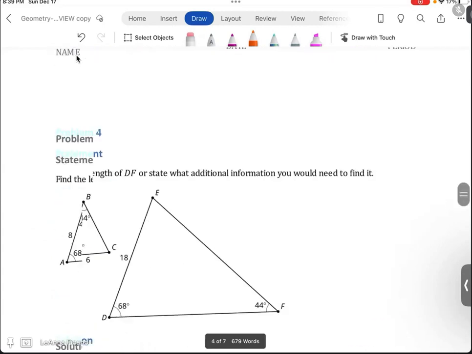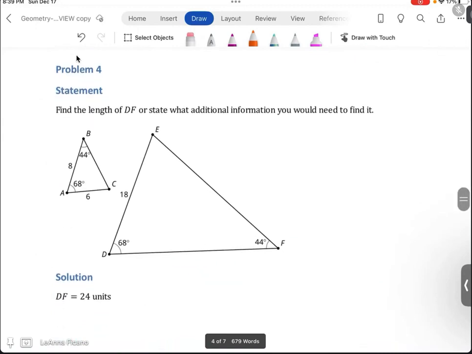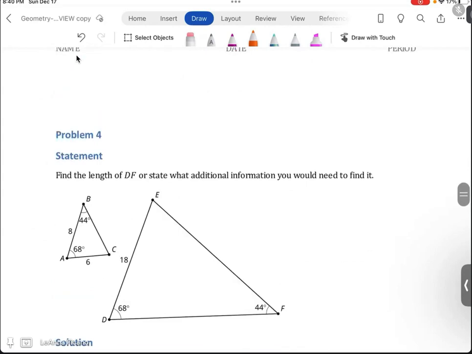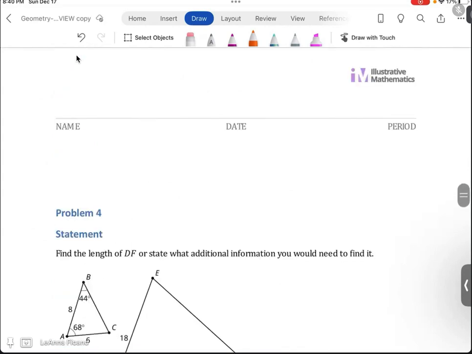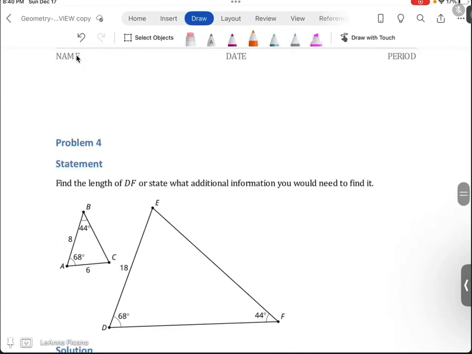Okay, problem 4. Find the length of DF or state what additional information you need to find it. The solution is there, but I'm going to go over it anyway. So we see that these are similar triangles, right? A triangle equals 180. I'm not even going to figure out the other angle. We just know if there are two angles that are equal, the third angle has to be equal as well.